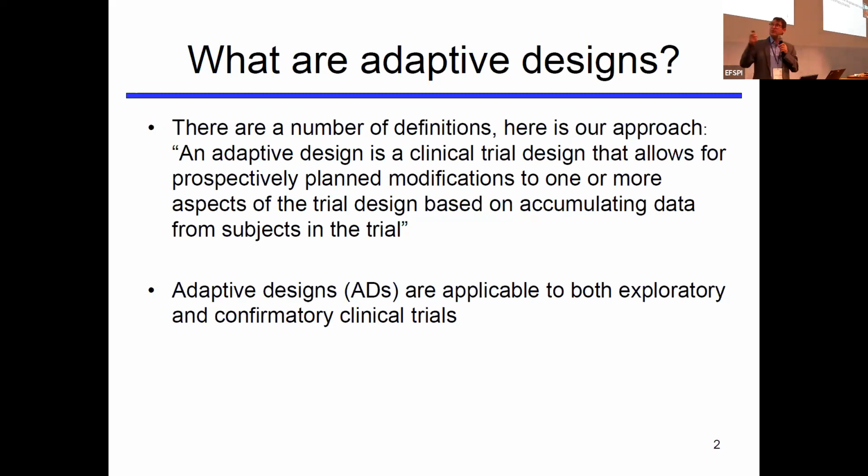And what is really important with the definition here is that we think an adaptive design is a clinical trial design where the prospectively planned modifications in the design are based on accumulating data from subjects in the trial. These are really the two key assumptions we make.